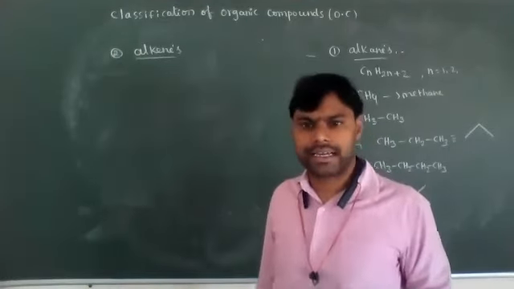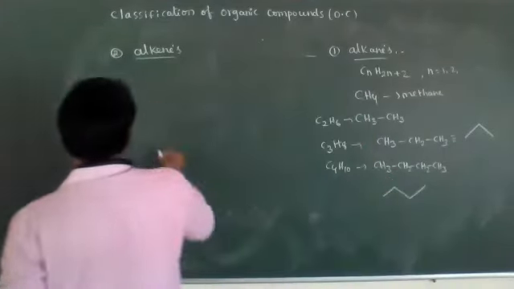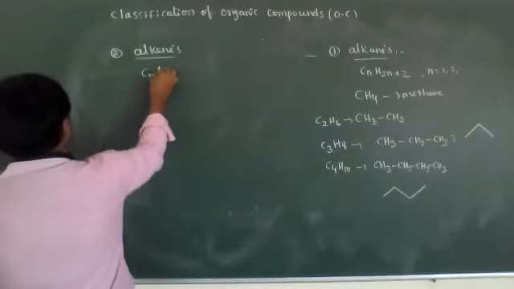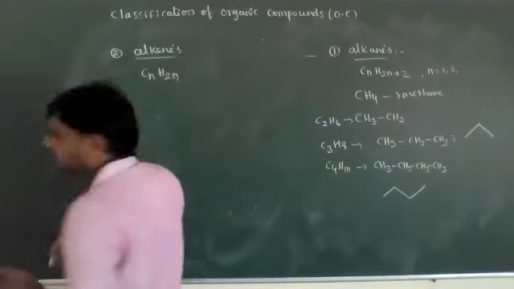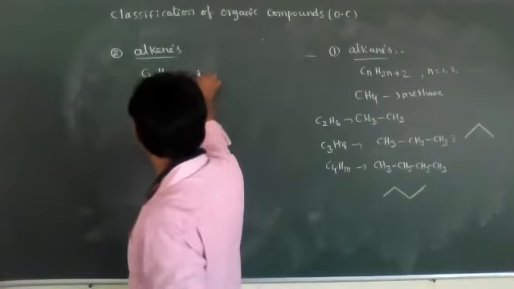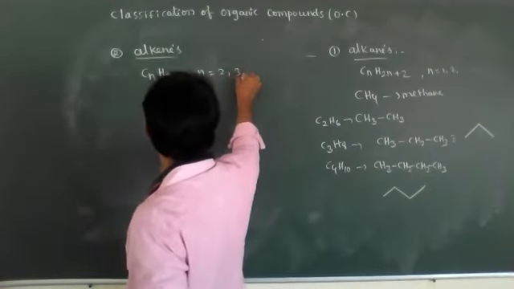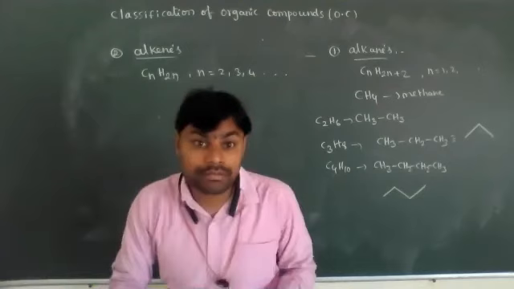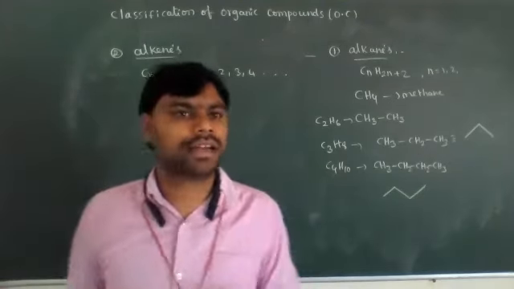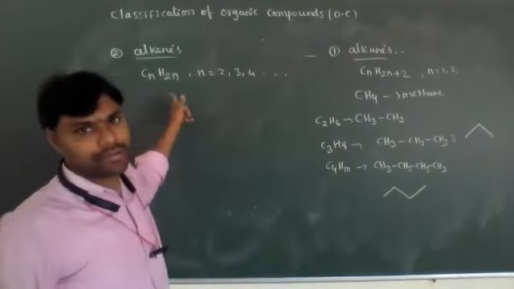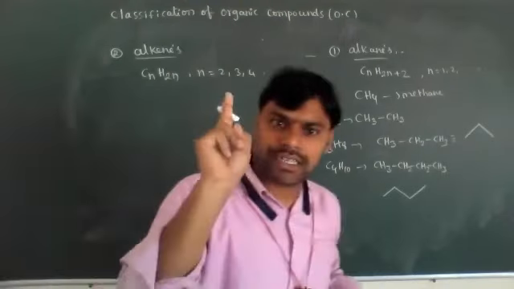Alkenes general formula is CnH2n, n starts from 2, 3, 4. So what is the minimum number of carbon atoms for alkenes? Students, 2.